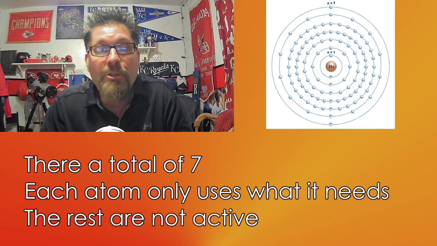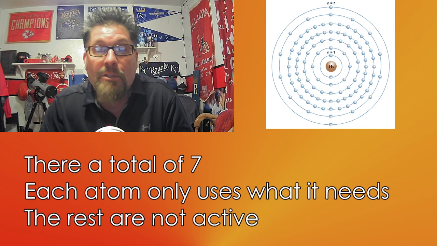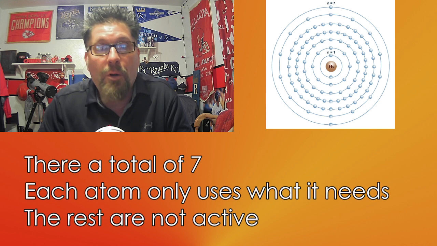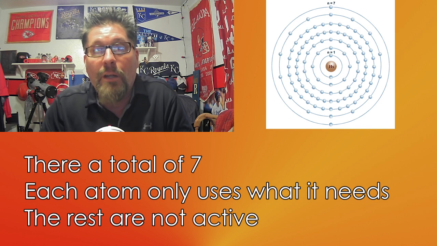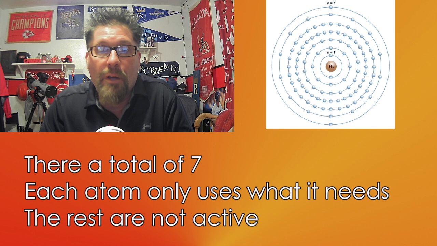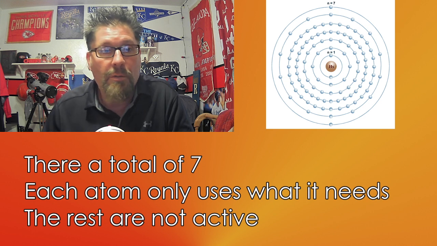A chemistry class will do that ad nauseum. We will not. It is a lot of fun, I enjoy it, but it's not a topic that we are going to get into. We just want to know there are 7, and the electrons are on them, placed in a particular pattern, and the rest are simply not active if they are not being used.